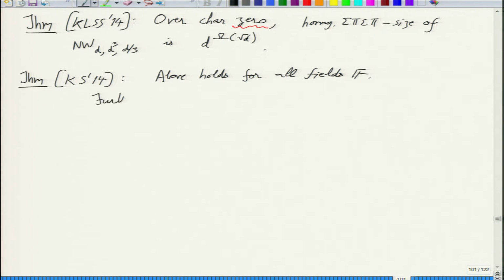Further, they proved it for a better polynomial, the IMM. Its complexity is d to the square root d.